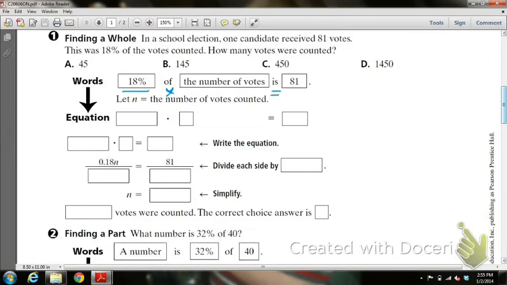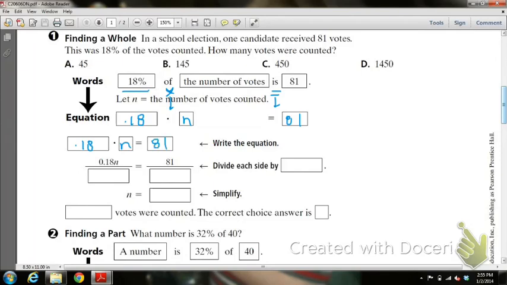Well, 18% is 0.18, so move your decimal point 2 places to the left. Of means times. Number of votes I don't know, so we're going to call it n. Is means equals 81. So I have 0.18 times n equals 81.